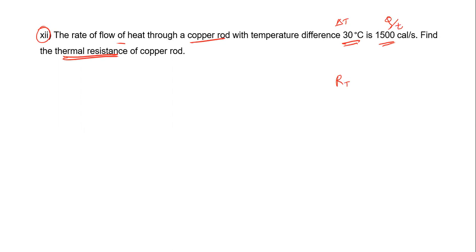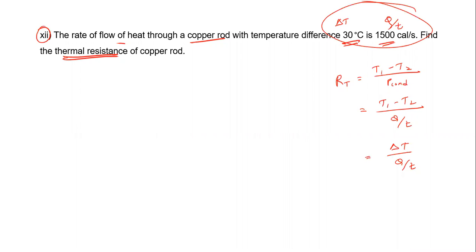Thermal resistance is (T1 minus T2) divided by P conduction, which means Q by T. So this is the formula, or I can write delta T and this Q by T. Both are given here. We have to take only their ratio, and we get the thermal resistance.